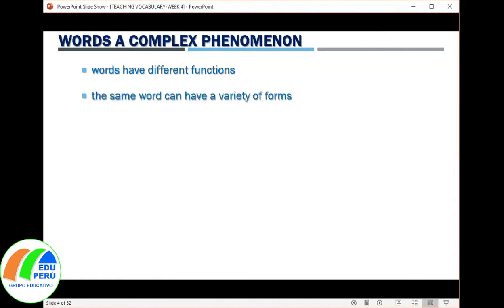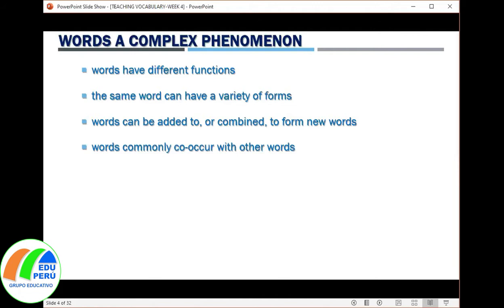Then the same word can have a variety of forms. Words can be added to or combined to form new words. Words commonly co-occur with other words. We are going to put some words together.